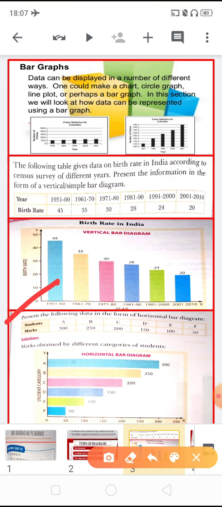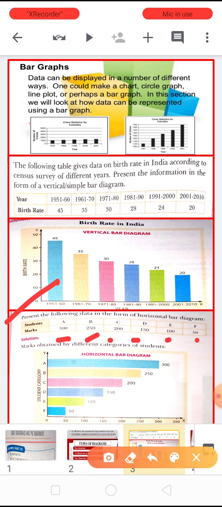The names of the students are given here, like A, B, C, D, E, F, and the marks they have obtained in the final examinations are 300, 250, 200, 150, 100 and 50. What I have done here is, the marks we have plotted on the x-axis, and the names of the students I have plotted on the y-axis.